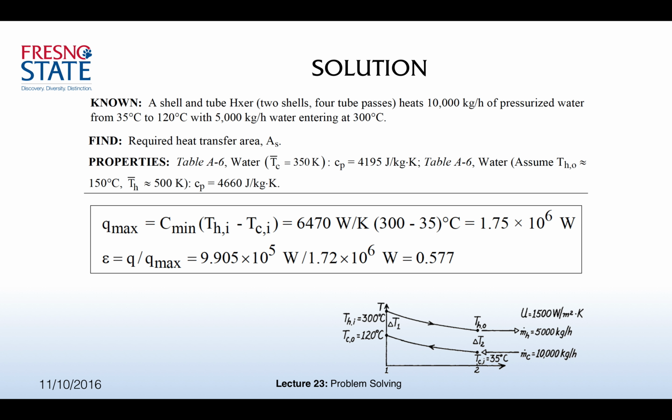So now I have my effectiveness. I know the type of the heat exchanger. Therefore, I can go to my correlations table and find the right correlation to be able to calculate my NTU, number of transfer units, from the effectiveness, which is epsilon. That's my next step for now.